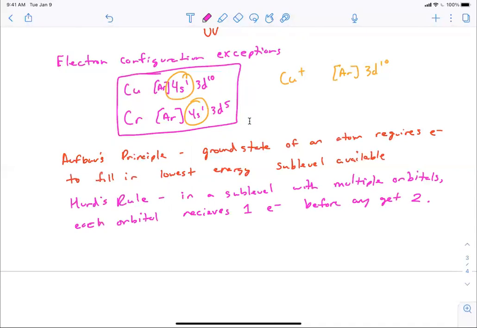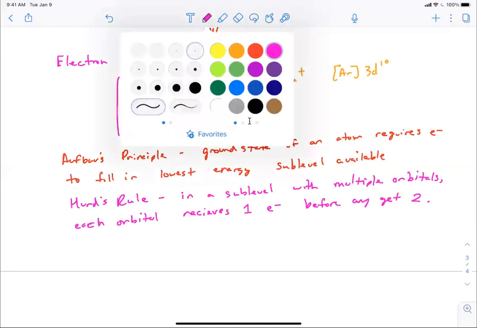So if you have a p sublevel with 3 orbitals, each orbital gets 1 electron before any of them double up. That way you minimize the repulsion, because anytime an electron's in its own orbital, it's going to minimize its repulsion. You don't want to increase that repulsion until you absolutely have to, which is when you double up the electrons in those sublevels.